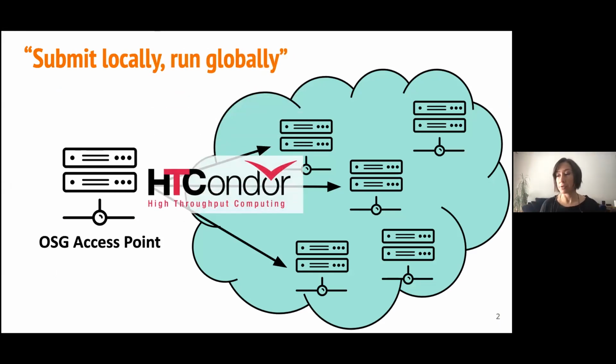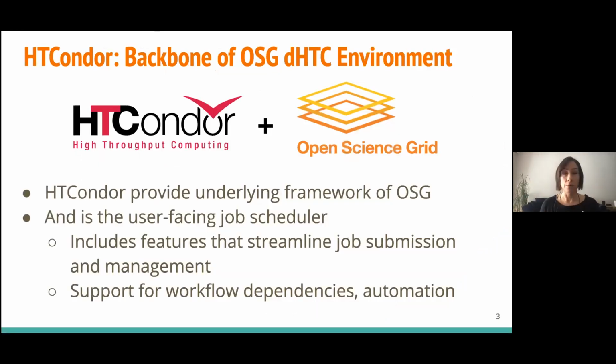HTCondor is the software that makes all of this possible. It not only creates and manages the distributed high throughput computing environment of the Open Science Grid, but it's also the tool that enables users to execute their high throughput computing work.